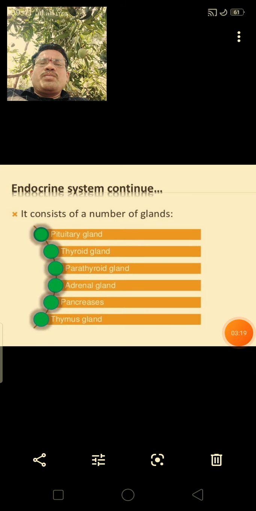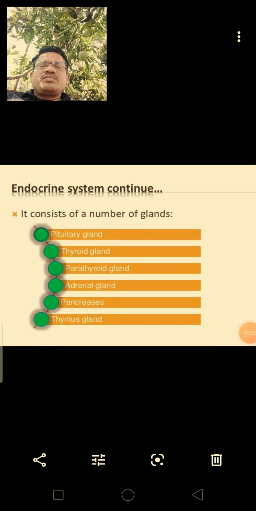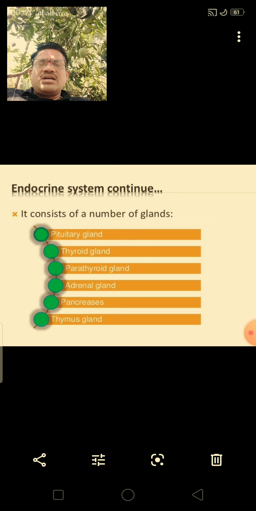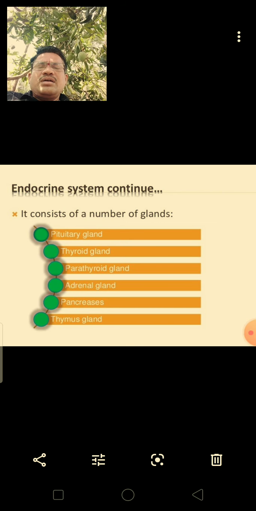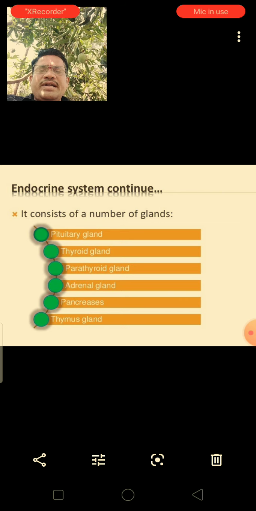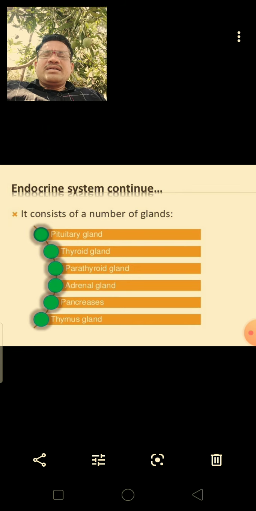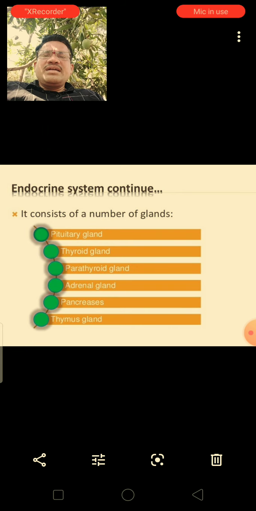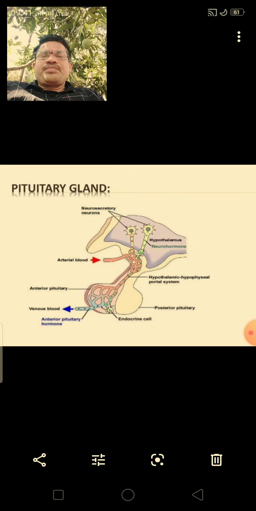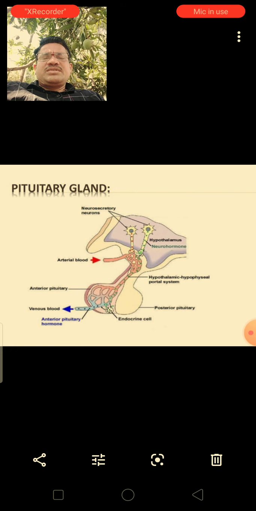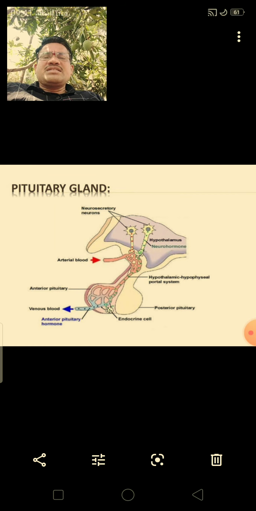So now the endocrine system consists of a number of glands. What are the glands? That is pituitary gland, thyroid gland, parathyroid gland, adrenal gland, pancreas, and thymus gland. First of all, pituitary gland. Generally, the pituitary gland is the largest endocrine gland.